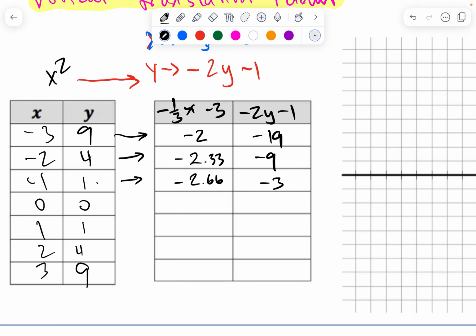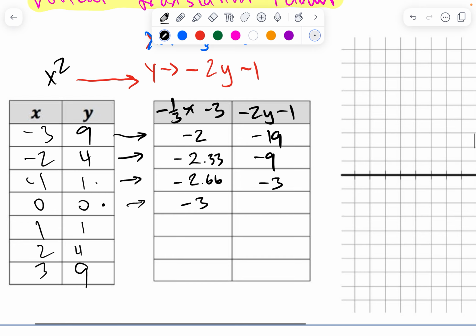0 take away 3. So for this one, 0 take away 3 is -3. And then -2 times 0 is 0. Take away 1 is -1. For this one, -1/3 take away 3 is -3.33. And then when y is 1, -2 times 1 is -2. Take away 1 is -3.